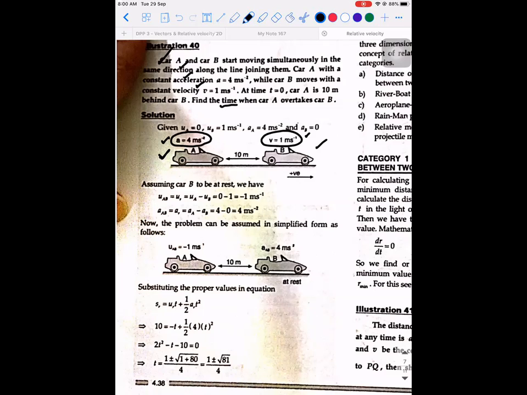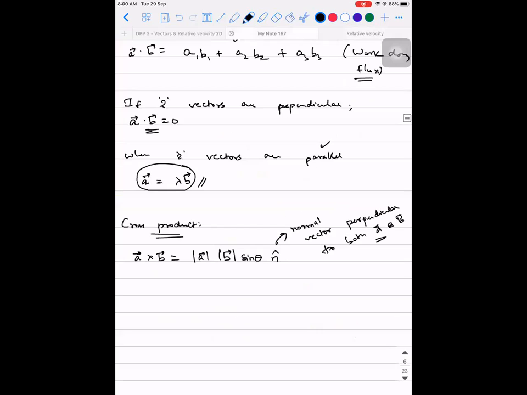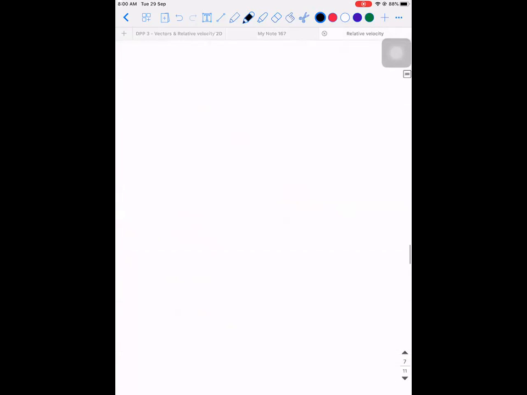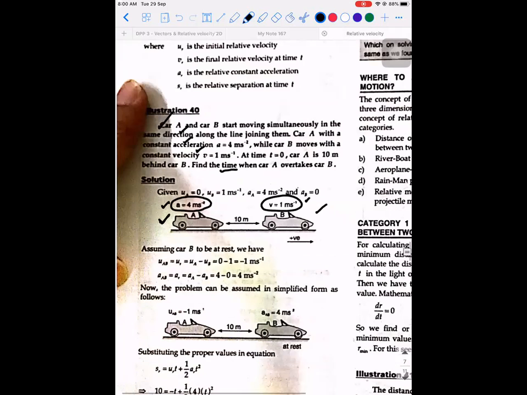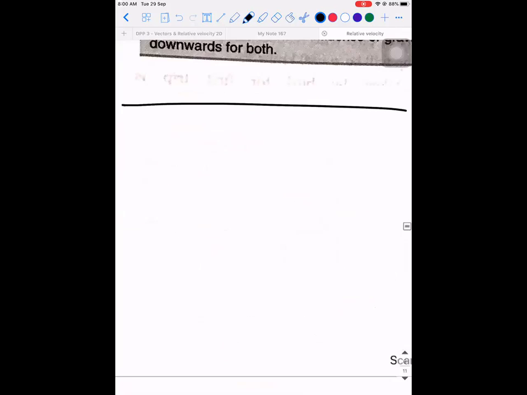So how do we solve? Can we apply equations of motion, guys? Can I apply equations of motion? The relative displacement of A with respect to B is equal to the relative initial velocity between A and B times t plus half into the acceleration of A with respect to B times t square.